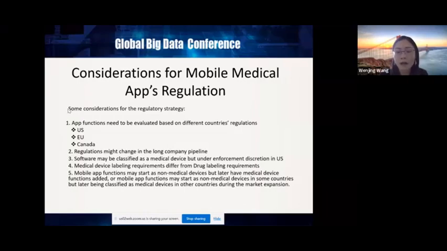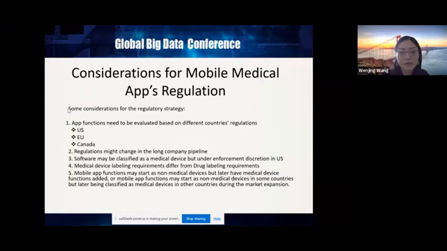So they created this enforcement discretion category to regulate low risk software. But if the enforcement discretion requirements are changed by the FDA, which could happen, then you have to consider doing some reevaluation and assess against the new criteria accordingly.